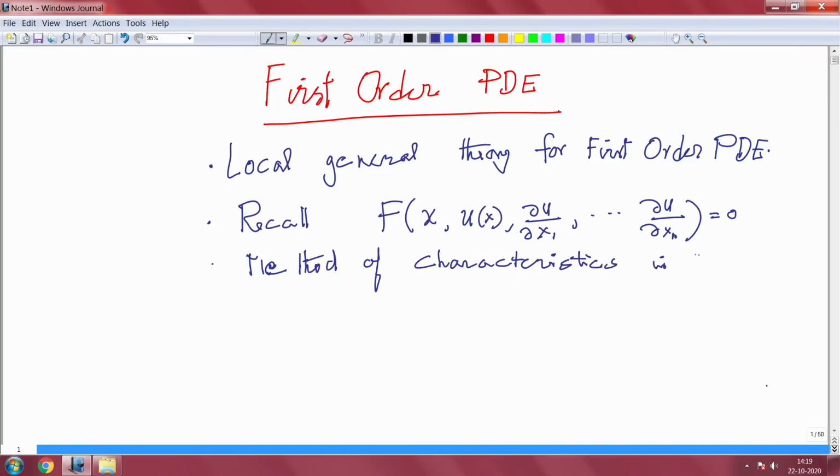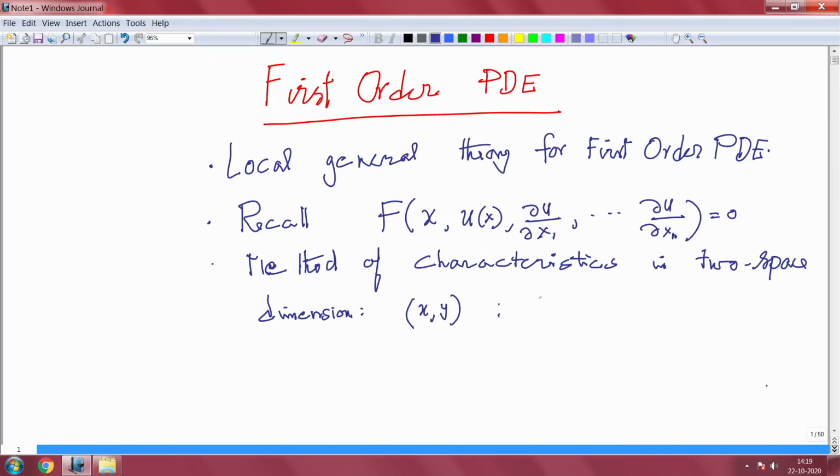In 2 space dimensions we use the notation x, y instead of x1, x2.